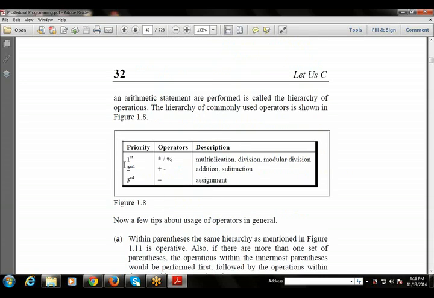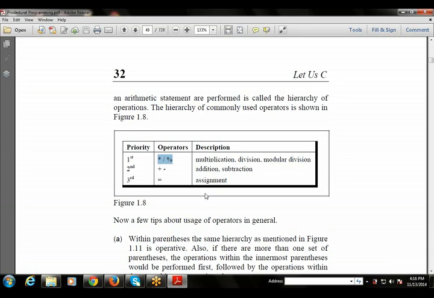This is the hierarchy. The first priority has operators like multiplication, division, and modular operator. These are the three operations that will be operated first. Then the second priority is addition and subtraction, and the third priority is assignment.